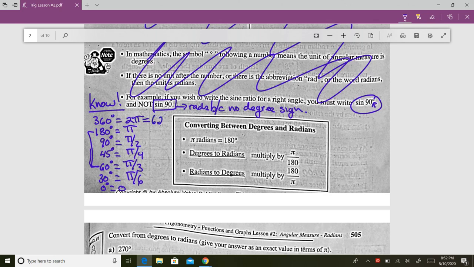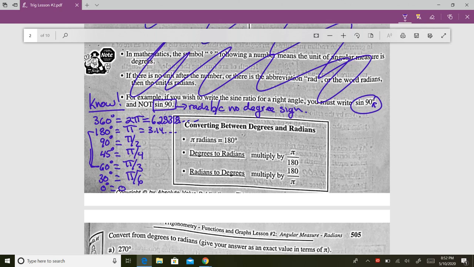So this is the same as 6.28318. Okay, but obviously 2 pi is easier to remember. You could say pi is 3.14159, but these are the easier way to remember them.